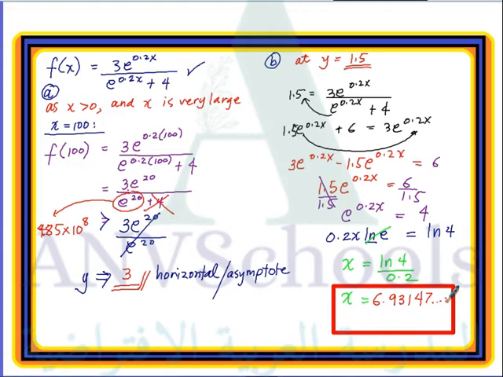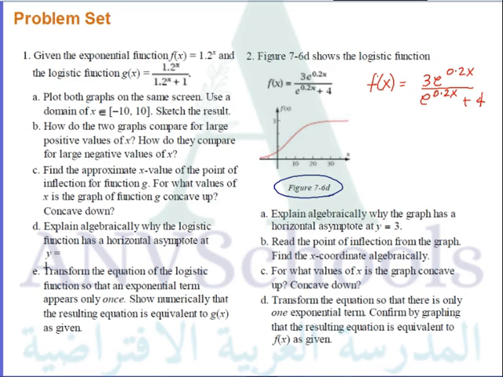So the point of inflection here is actually the point 6.93147, 1.5. This is my letter B. Letter C. For what values of x is the graph concave up and concave down?